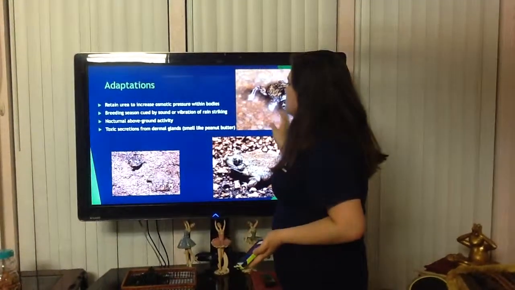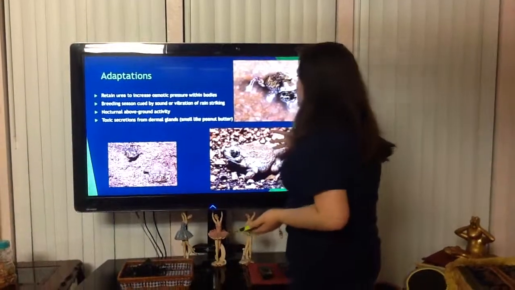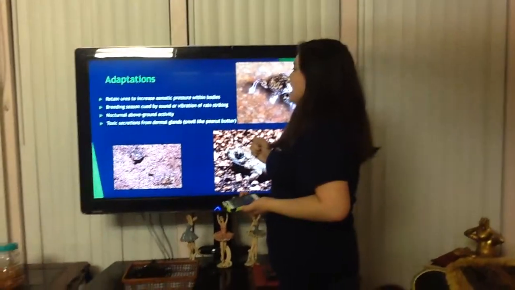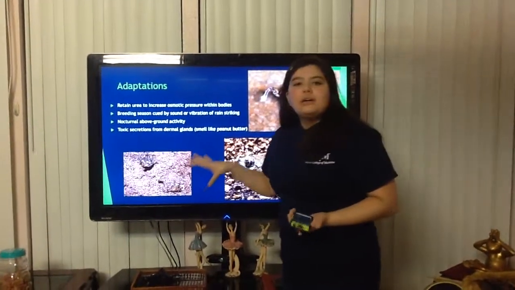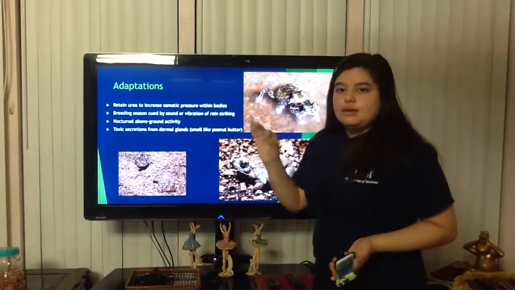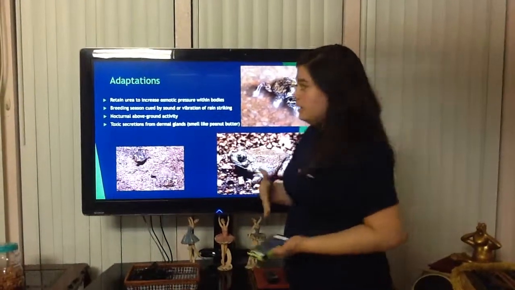Another adaptation includes retaining urea to increase the osmotic pressure within their bodies. They also do this to maintain moisture in this environment. They spend the majority of their time burrowed under the soil, so their breeding season is triggered by the sound or vibration of rain falling.